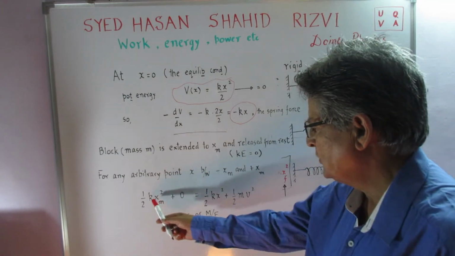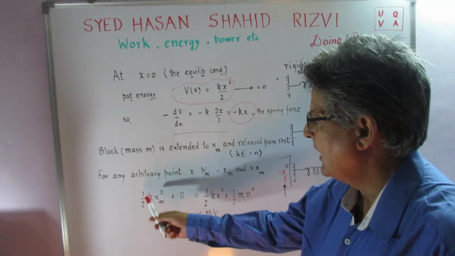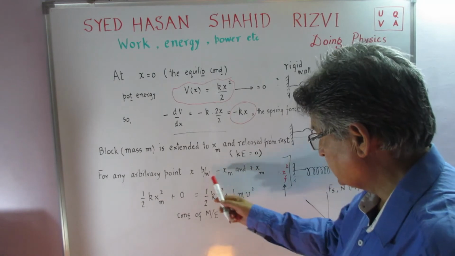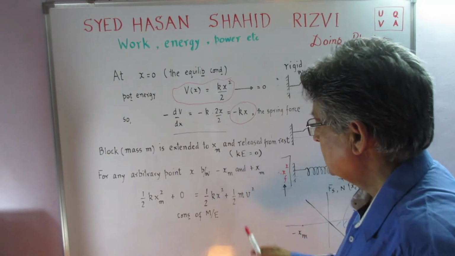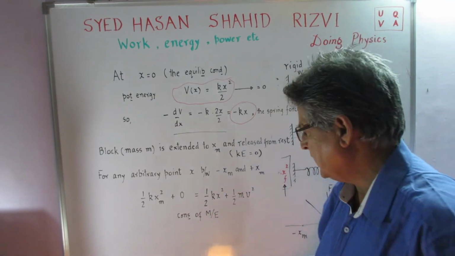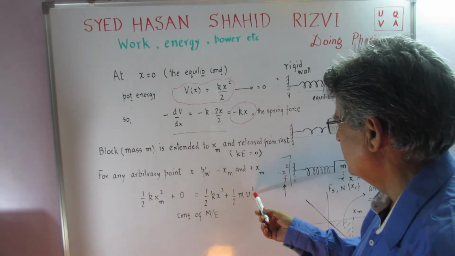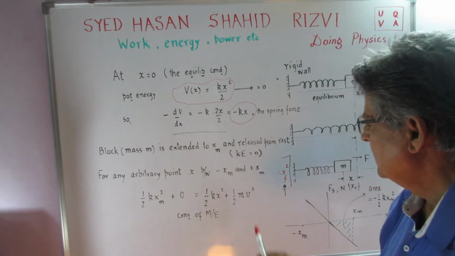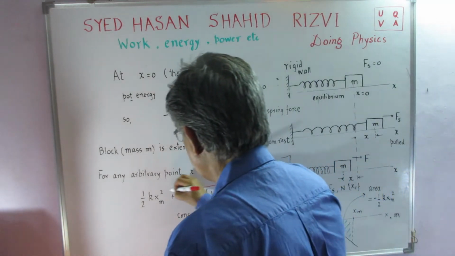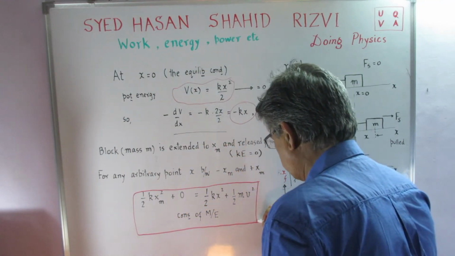At that position the velocity is 0, so the kinetic energy is 0, and half k xm squared is equal to half k x squared, which is the potential energy at the general point x under consideration, plus half m v squared, if the velocity achieved is v, which is the kinetic energy. This is the conservation principle applied to this situation.